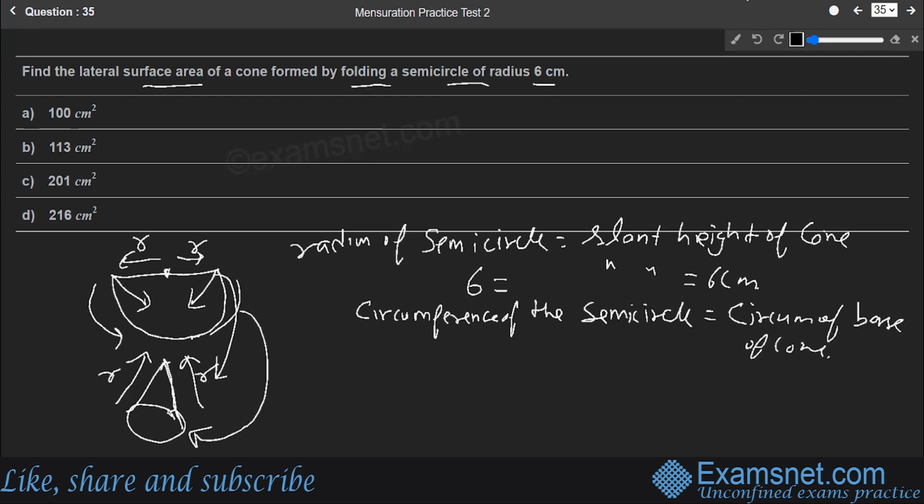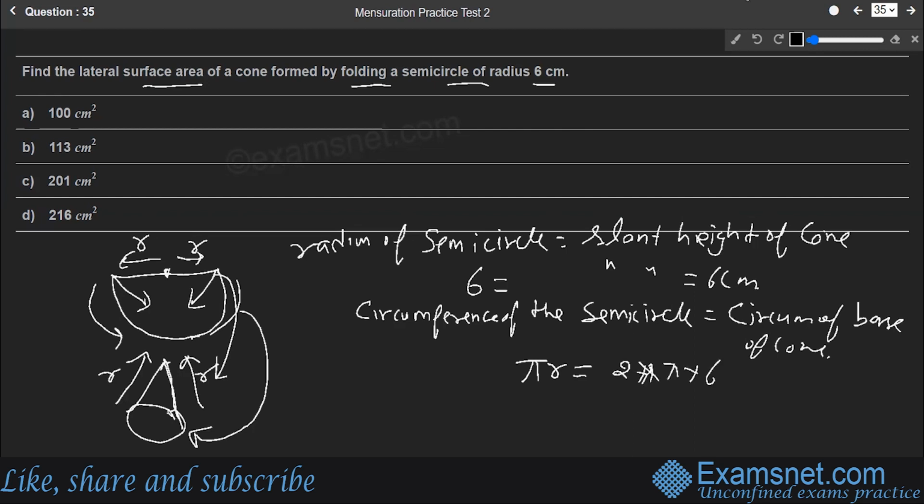And this is how it goes. The circumference of a semicircle is always given by pi r. So this pi r is equal to the circumference of the base of the cone. The base of the cone is again a circle, so that is going to be 2 pi r, that is 2 into pi into 6 centimeters. This is how we can calculate.